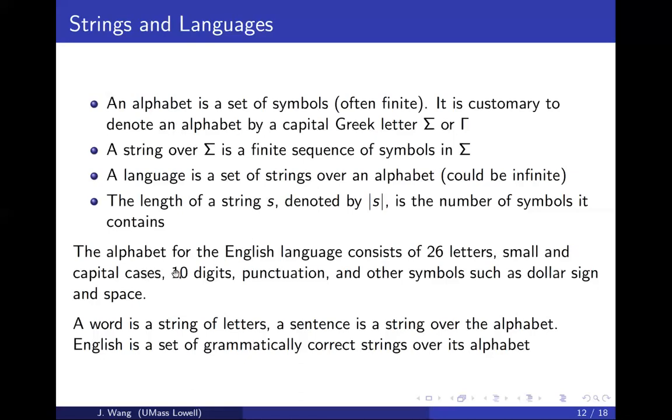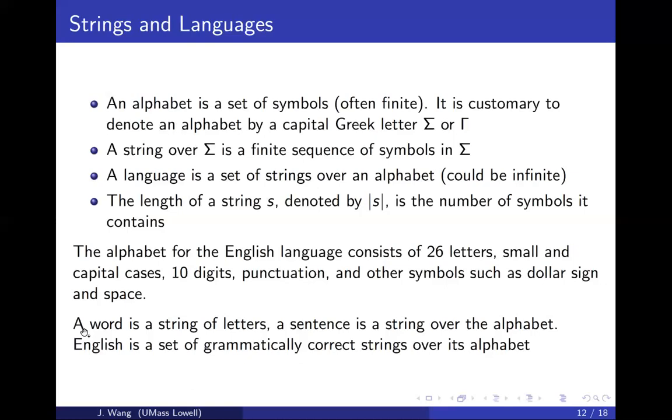For instance, the alphabet for the English language consists of 26 letters, small case and capital case, 10 digits from 0 to 9, punctuation, such as period, comma, quotation marks, question marks, and other symbols such as dollar sign, pound sign, and space. So you must have a space to segment words.